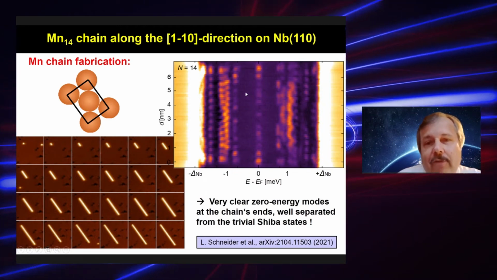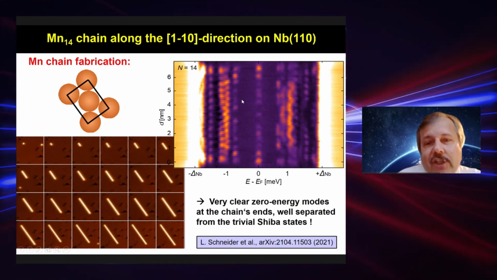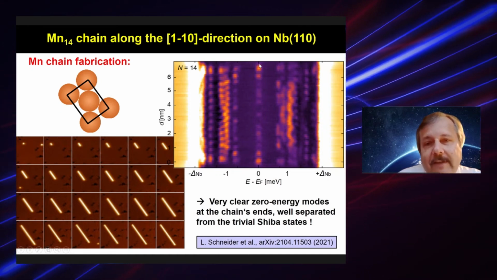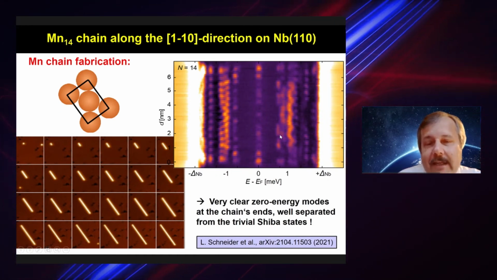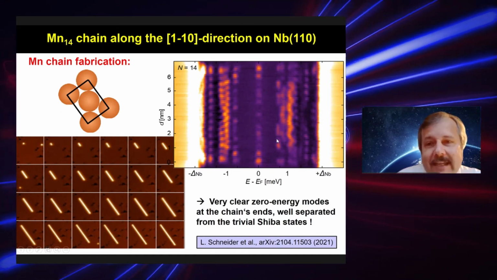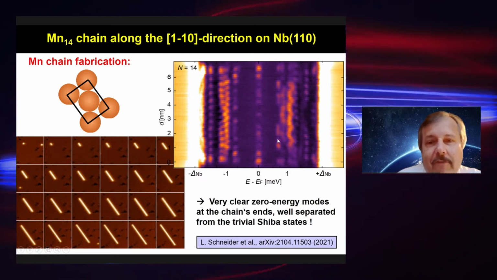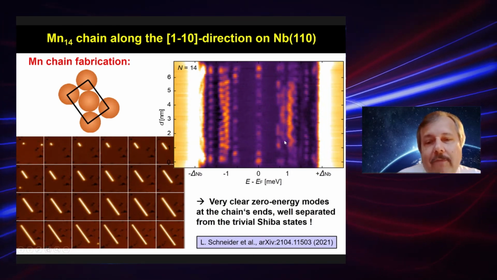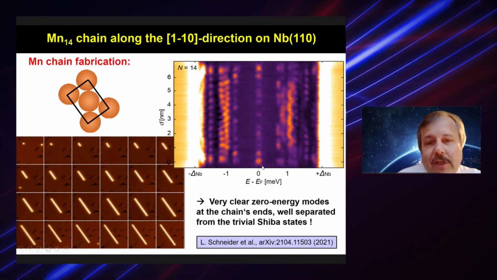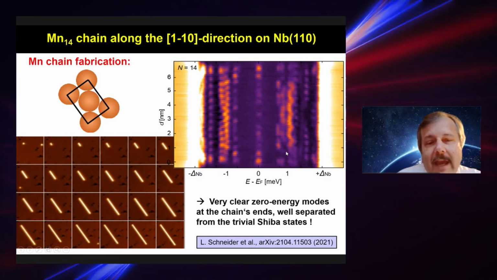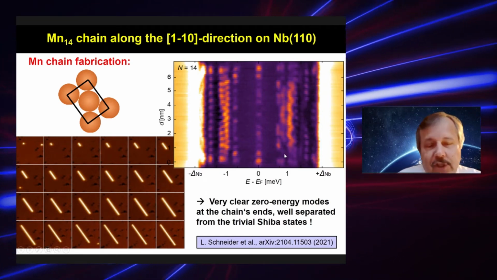And most beautifully, you see the very large energy separation between the zero energy mode and the finite energy Shiba bands. So that has not been observed before. It's the first time that we could observe this very clear energy separation between the zero energy mode and the finite energy trivial Shiba state.